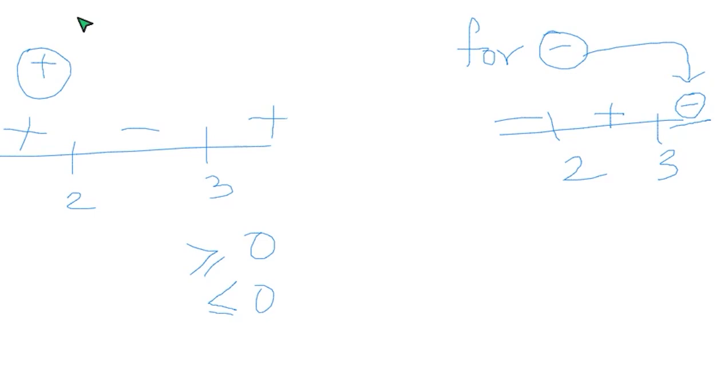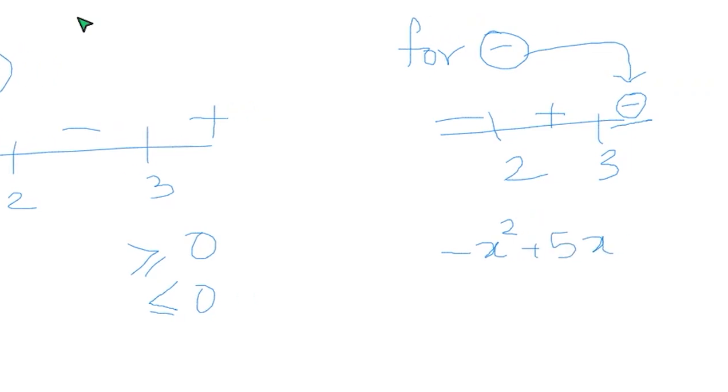So if the question was something like this, here it is A negative, right? Because for this also, if you do it properly, the roots will be 2 and 3.